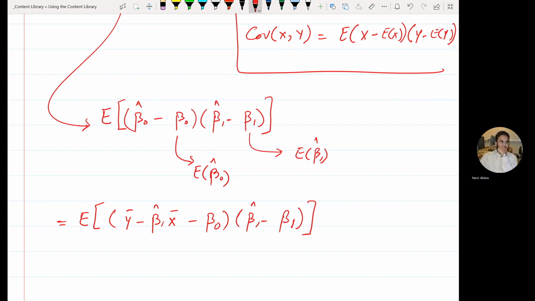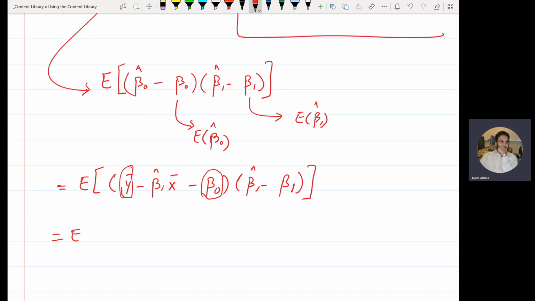Clear? Now, in this whole thing, there are no hats on these two things. So I'll distribute all the three terms separately.